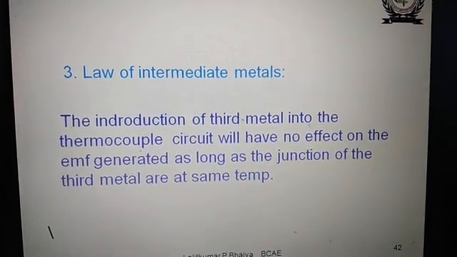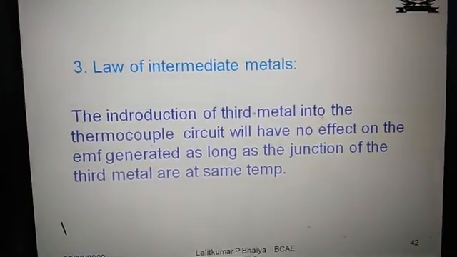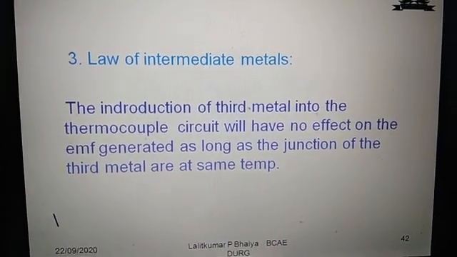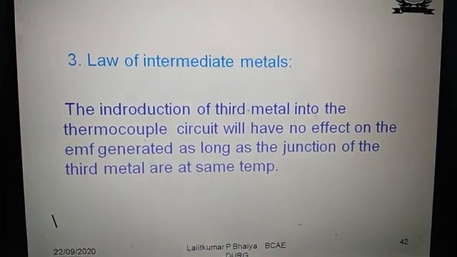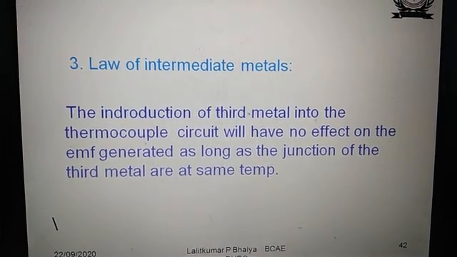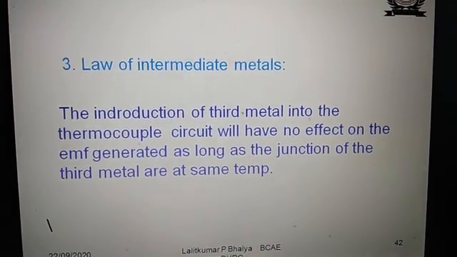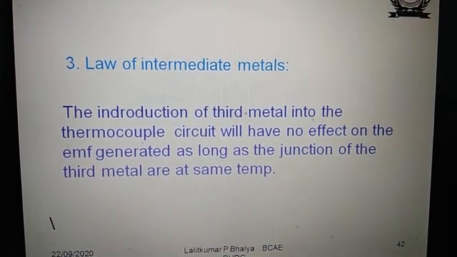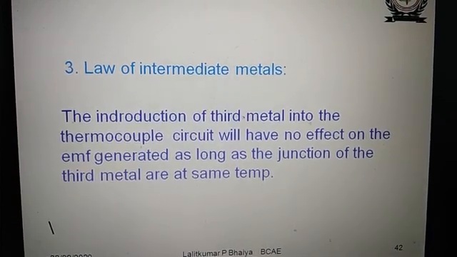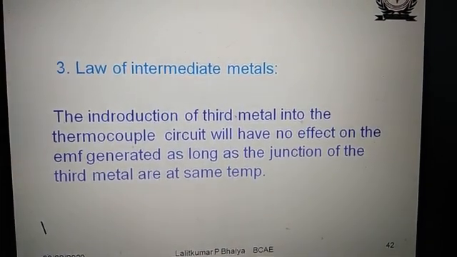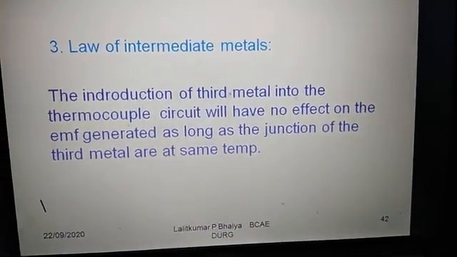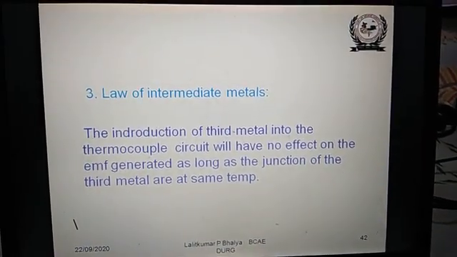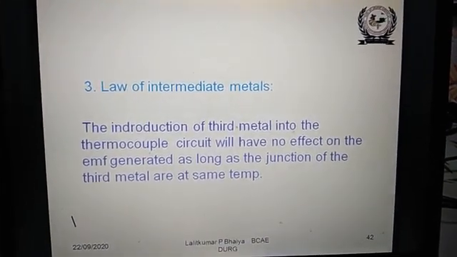Once again, I will read it. The law of intermediate metals: the introduction of a third metal into the thermocouple circuit will have no effect on the EMF generated as long as the junctions of the third metal are at the same temperature. Try to understand this one for when a third metal is introduced.